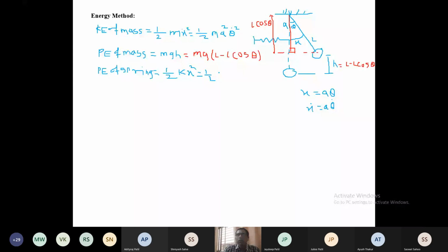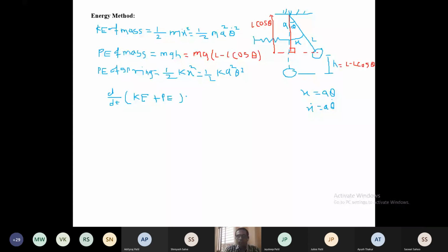Once you get the energy, you have to put the value into the equation of total energy, or you have to differentiate the total energy, kinetic energy plus potential energy, equal to 0.